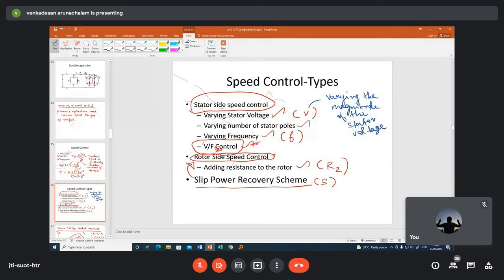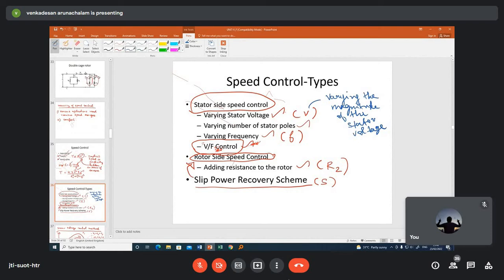And 2 is the number of poles, and 3 is varying the frequency of the stator voltage. And the fourth method is if you vary the magnitude and frequency of the stator voltage proportionately, then it is called as V by F control method. So these are all stator side control methods.